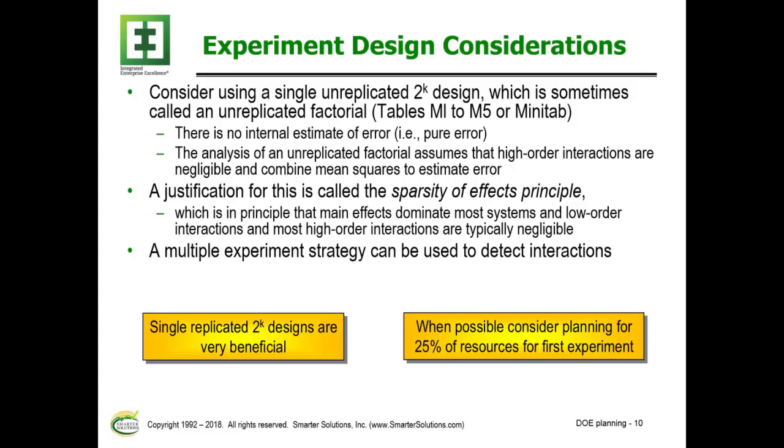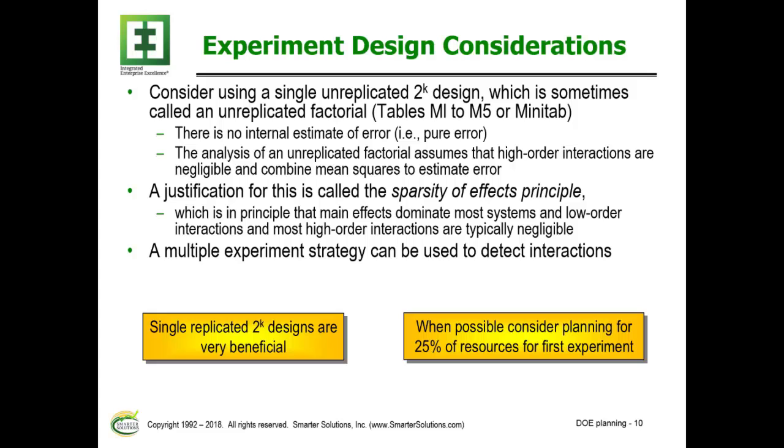The reason for this is what's called the sparsity of effects. In the real world, we don't have everything being significant. The higher level interactions are things we're not going to consider significant, but the effects from those can be used in an estimate for error.